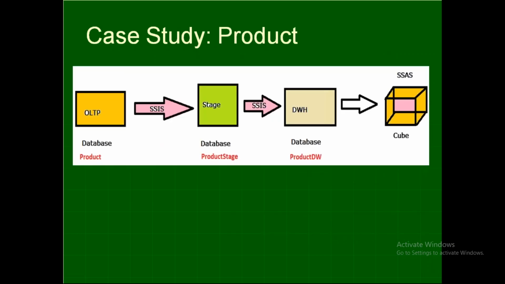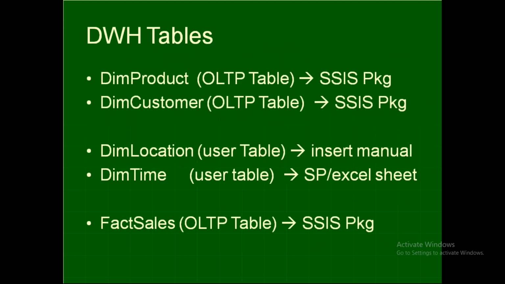In this diagram, this is the stage and here is the data warehouse. Once the data warehouse is ready, then you have to go to SSIS and create a cube and perform multi-dimensional processing of data.